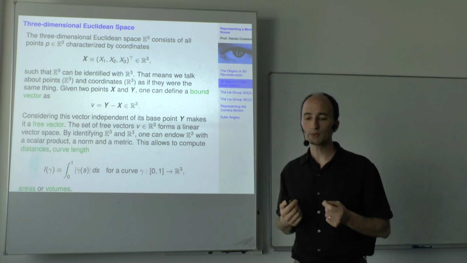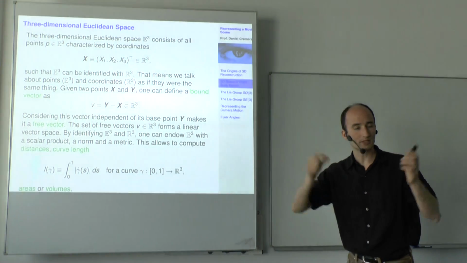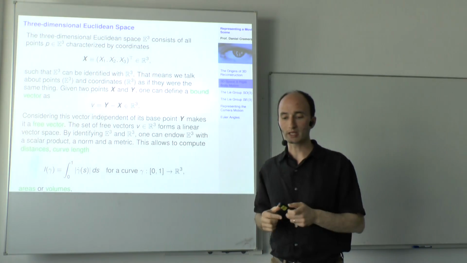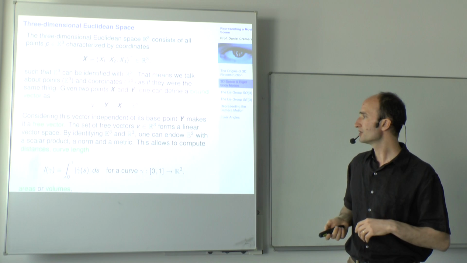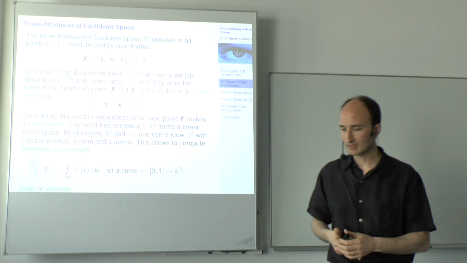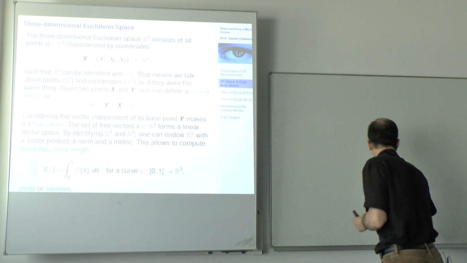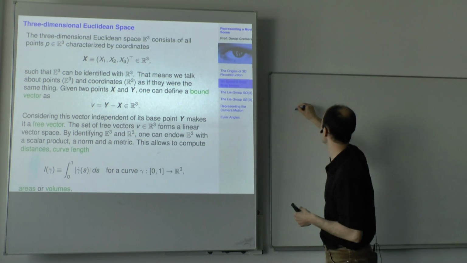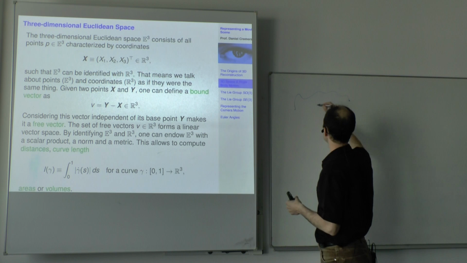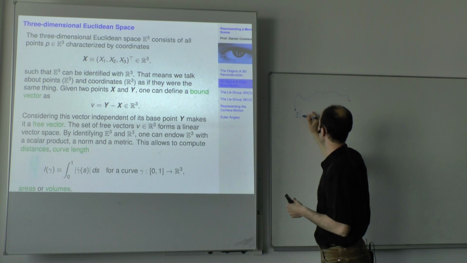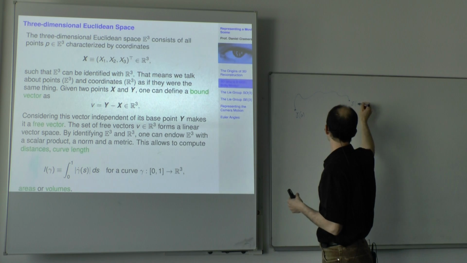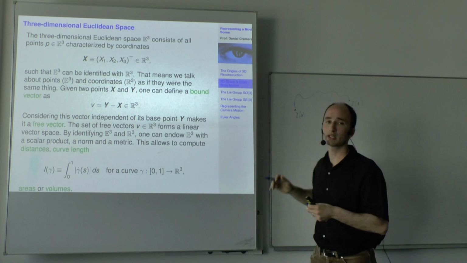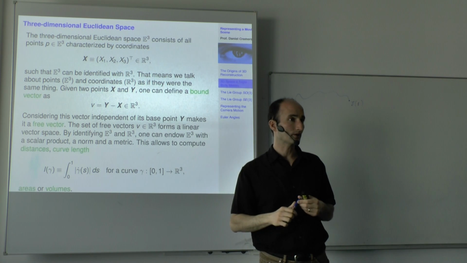And so with that we can compute things like distances between points, and we can compute curve lengths. So if you have a curve, and typically a curve is a mapping from some interval, say 0 to 1, to R3, so there's a curve here, and so this would be gamma of 0, and here would be gamma of 1, let's say, and then we can calculate the length of that curve.